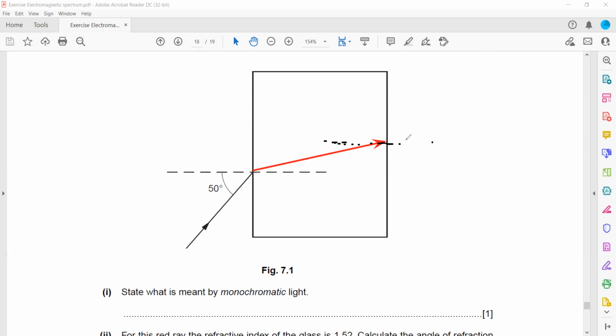Moving from air to glass, and glass to air in the second part, it will bend away from the normal as the speed increases. And keep one thing in mind: for a parallel-sided glass block, the ray which enters and the ray which leaves should be parallel to each other.